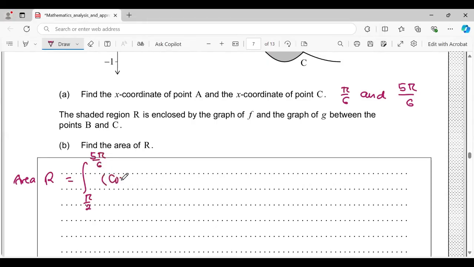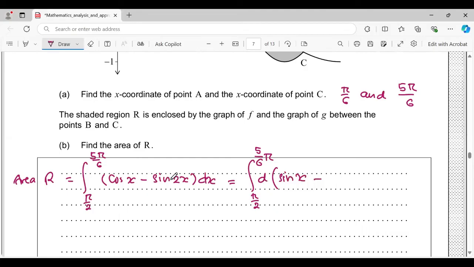of cosine x minus sine 2x dx, and it becomes the integral from pi over 2 to 5 pi over 6. The integral of cosine x is sine x.